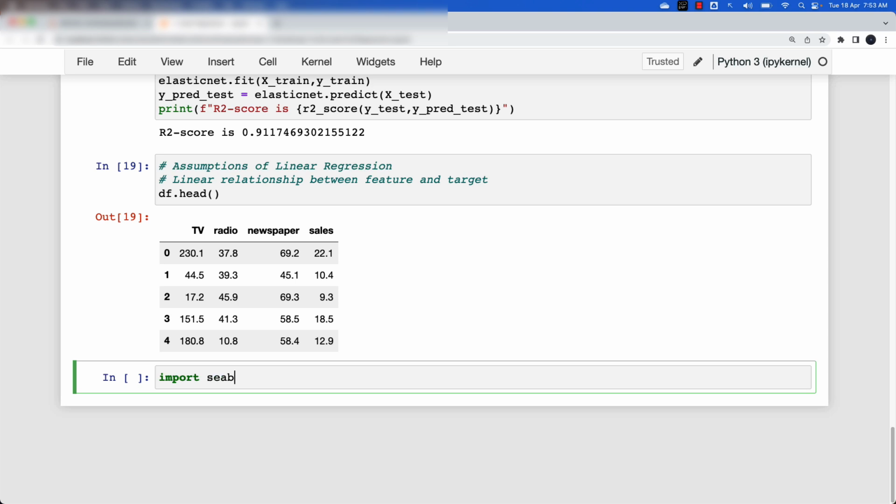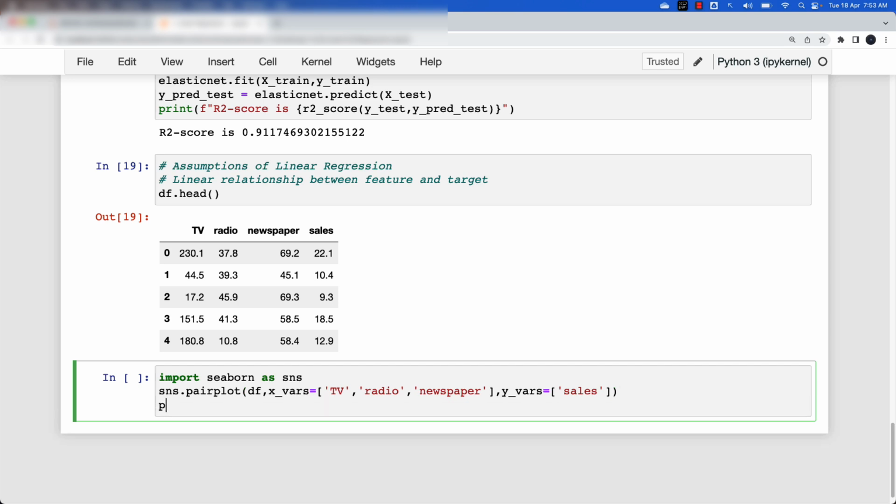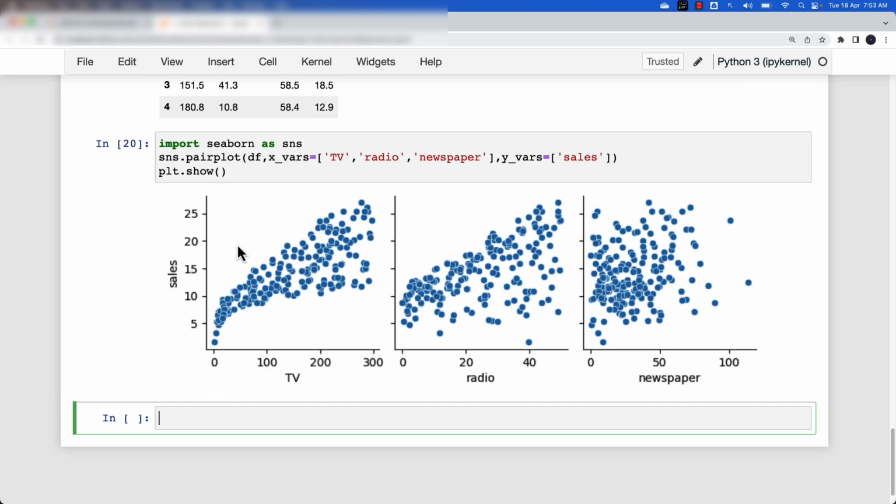So import seaborn as sns, sns.pairplot. Here df and x variables are TV, radio, newspaper. So I have mentioned my y as sales. Now if I create a plot, this is how the plot would look like. As you can clearly see, there is a kind of linear relationship between my TV and sales.